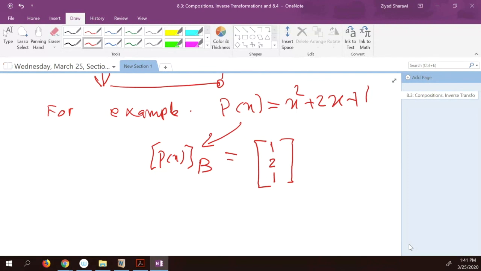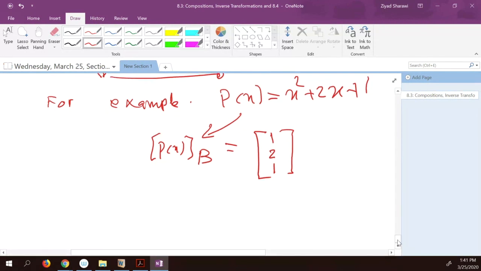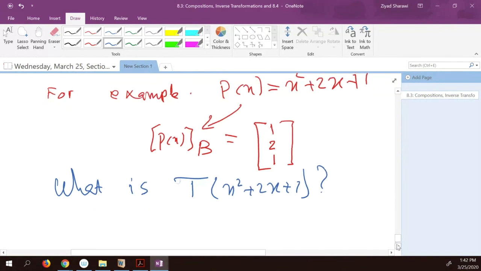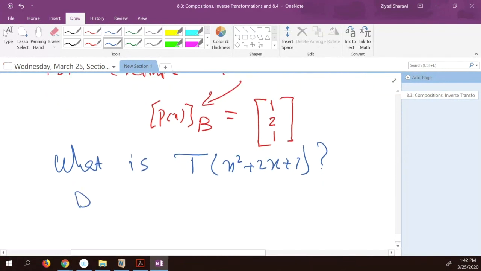Yes. All right, good. So now the question is, what is T of x squared plus 2x plus 1? Now, we don't want to do it using the formula. We want to do it using the matrix.